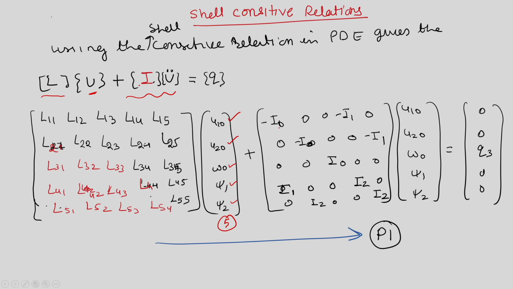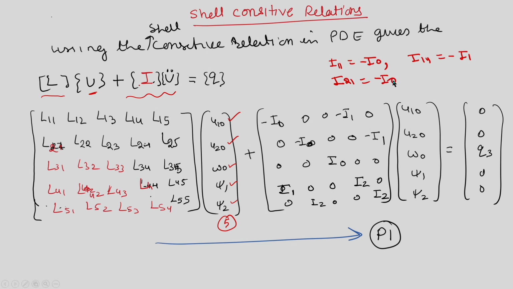So, I11 is minus I0, I14 is minus I1, I21 is minus I0.